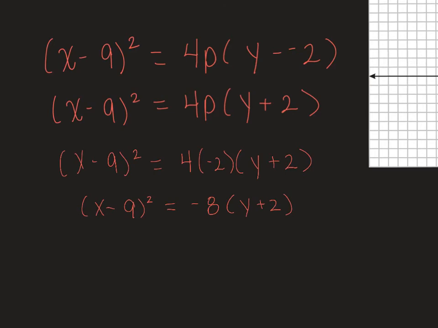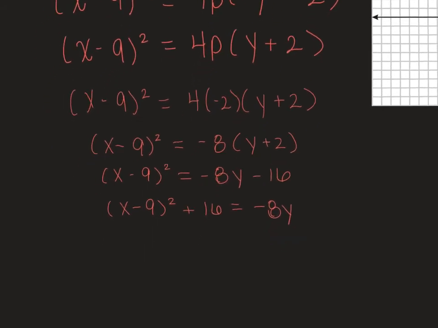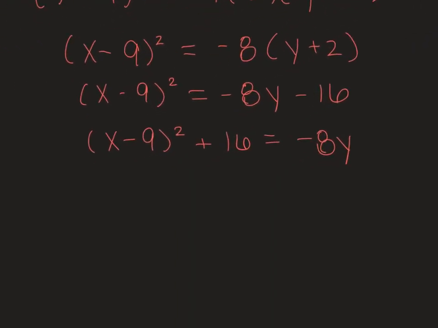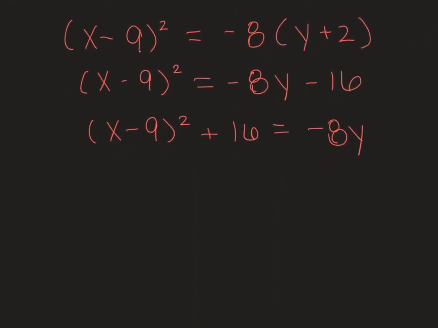Now specifically for the Khan Academy, they want it to be written as a y equals. So when you do that, you just have to distribute and then subtract and divide. So we would have (x minus 9) squared equals -8y minus 16. You can add your 16, so we have (x minus 9) squared plus 16 equals -8y. And then you can divide by -8, or you can just consider it like times -1/8.